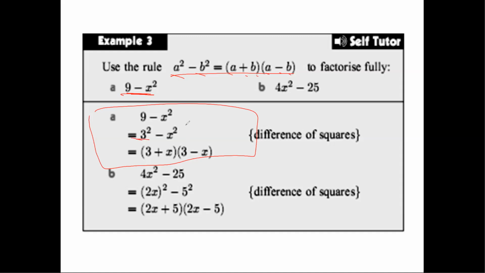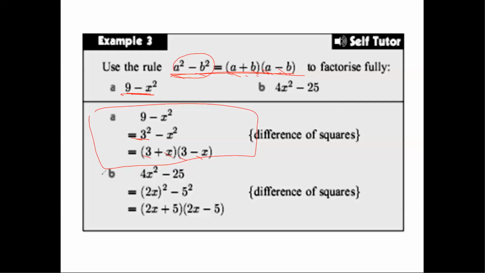So now it resembles this expression here. A is like the 3 and B is like the x. Where you see a and b here, you put 3 and x. So that factorizes to give you 3 plus x, 3 minus x. So we're making use of this identity.